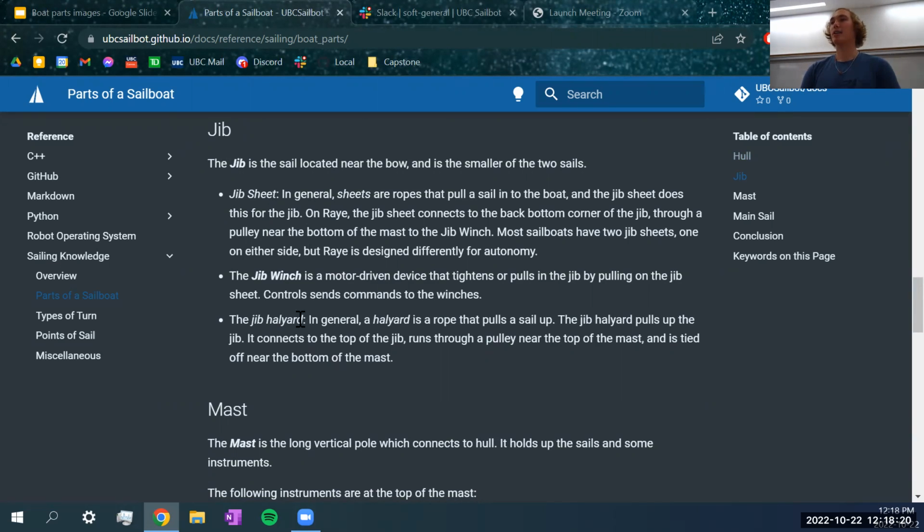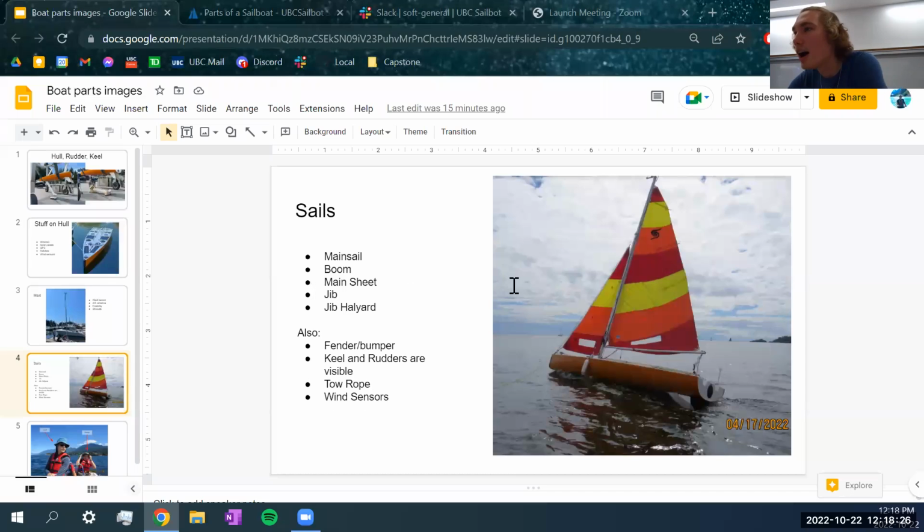And then the jib halyard is just the rope that you use to hoist the jib, meaning to pull it up. I don't know if you can really see, there's one of the ropes there. One of them just goes all the way down, but there's another one that attaches to the top of the jib, and that would be the jib halyard. So it's in there somewhere, but it's a little small and hard to see.